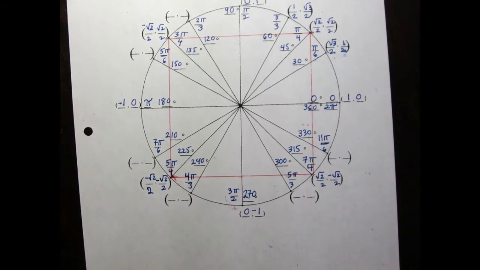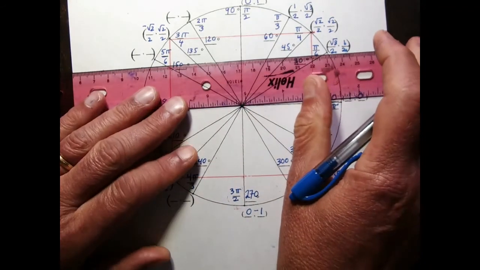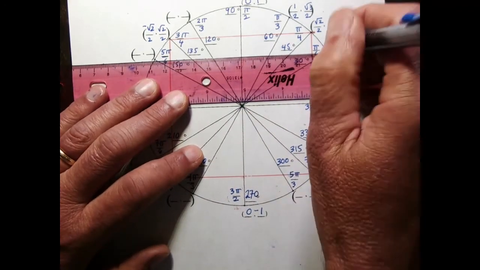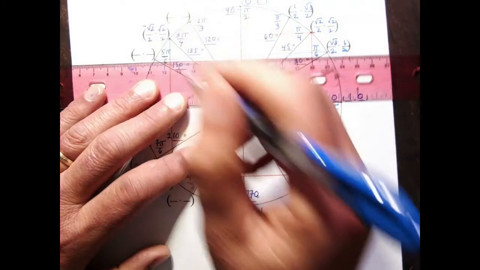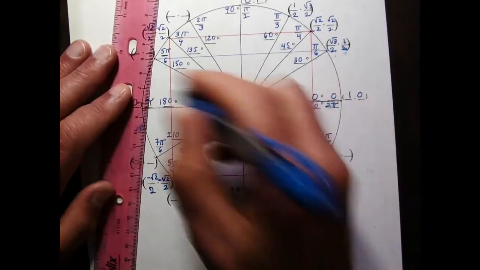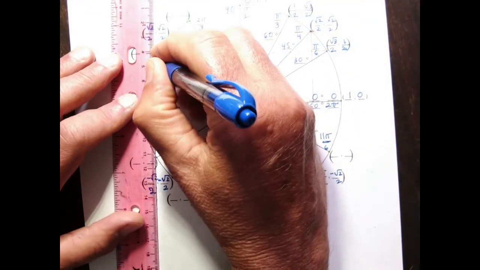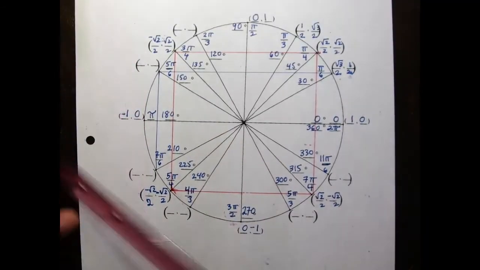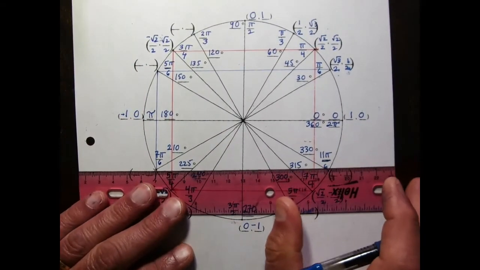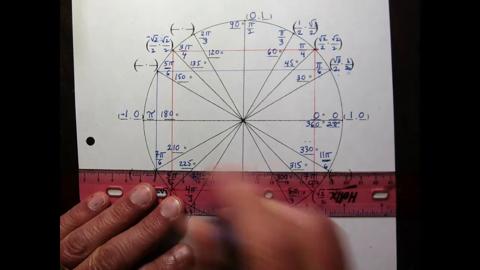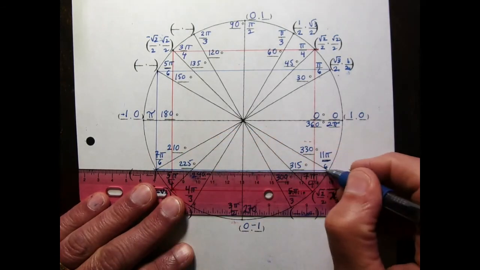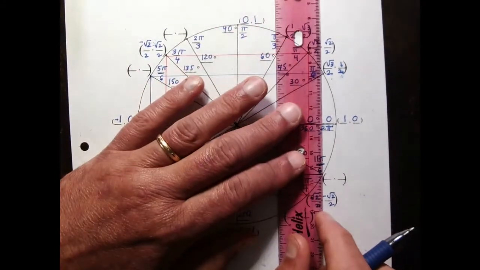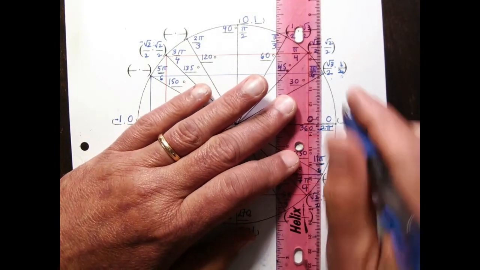And I can do the same type of thing with 30 degrees and 60 degrees. Now you shouldn't have to draw this each time, but I want you to be able to visualize the red rectangle, the blue rectangle now. In the blue rectangle, I'm marking the angles that have pi over 6 as their reference angle.